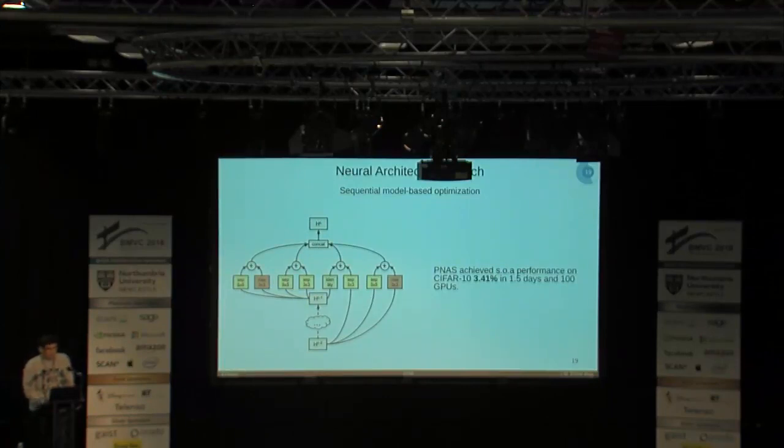This simple process is actually able to find good architectures. On CIFAR10, it finds an architecture with a 3.41 error, but it takes 1.5 days and 100 GPUs. That's because you are training a lot of architectures from scratch until almost completion.